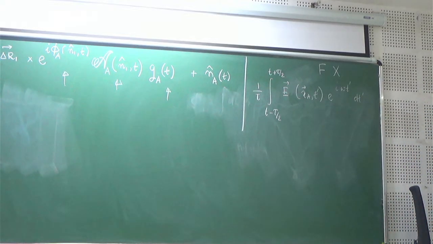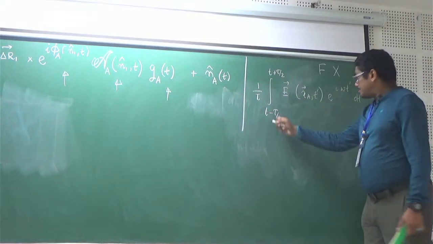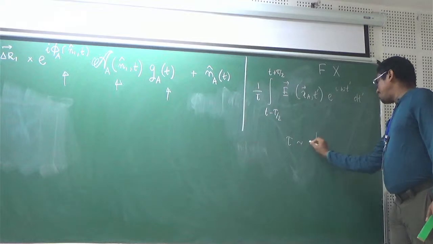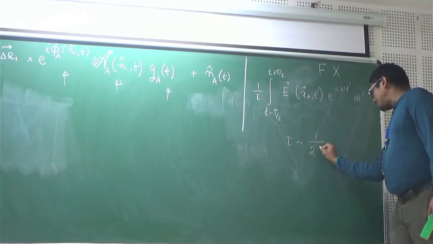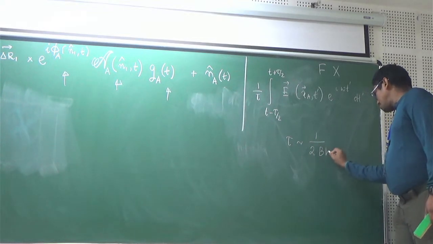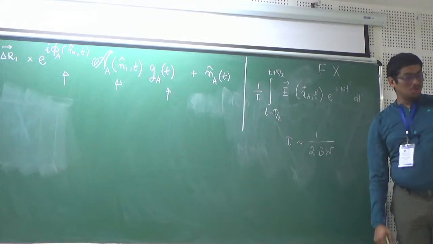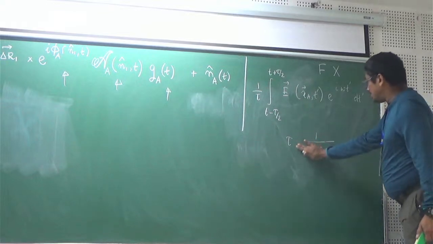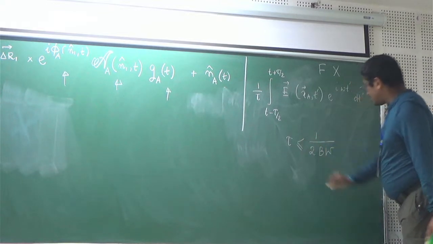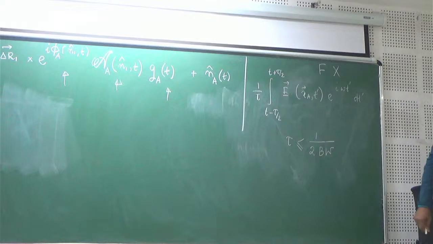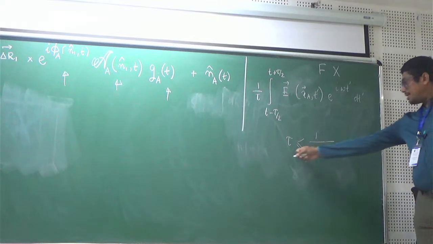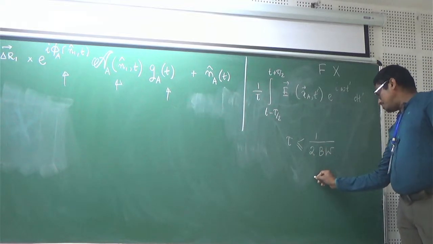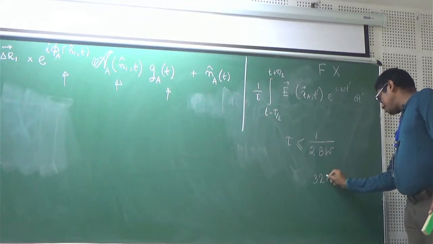Tau is chosen to be 1 by 2 times the bandwidth of my measurement, or lower. That's called the Nyquist-Shannon sampling criterion. If I choose like this, then let's say I want to observe a 32 megahertz band.